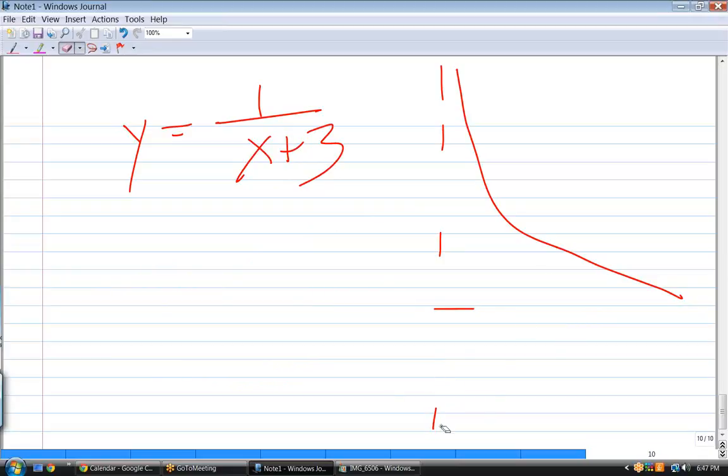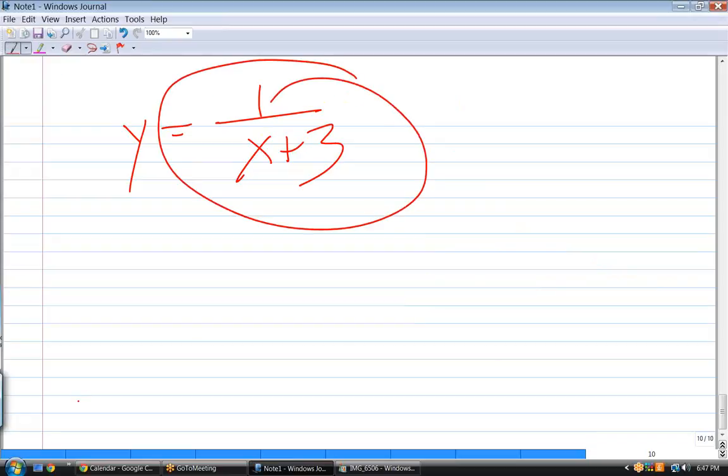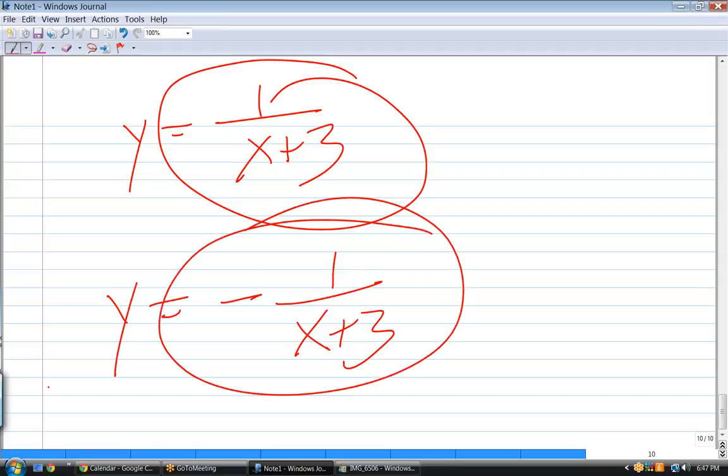Now, like I said, if there's no negative signs involving the x, I know immediately that that's in which quadrants? Second and fourth? No, first and third. There's no negative signs here. If I had this, that's going to be in second and fourth. I got a big negative sign sitting out there.